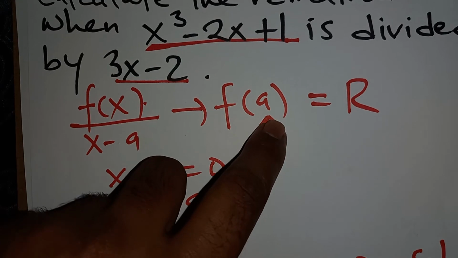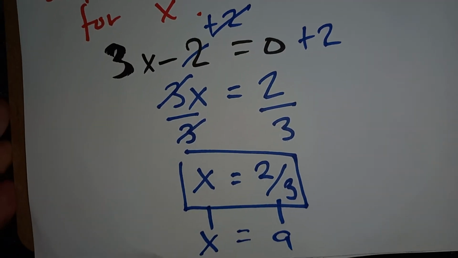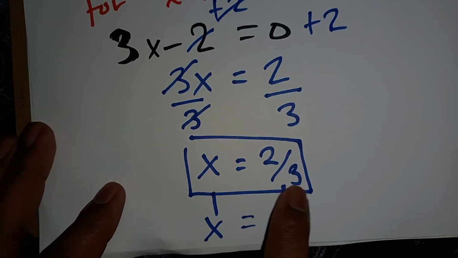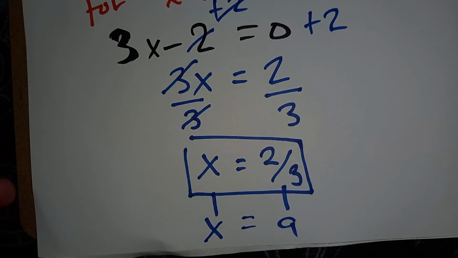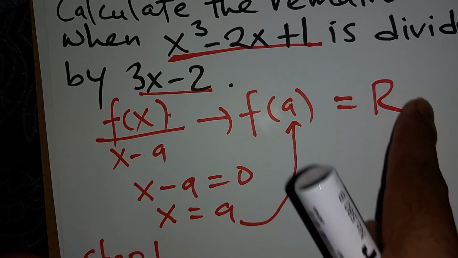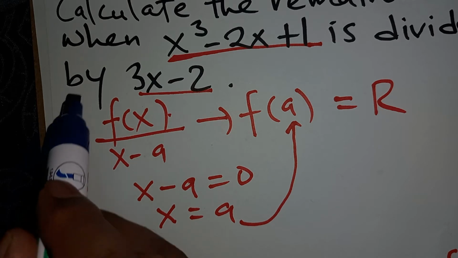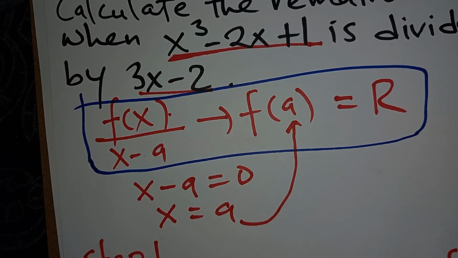So wherever you see x, you substitute this value, 2/3, and whatever result you get will be your remainder. That is what we mean by all of this process. So we are left with the second step, which will give you the remainder.